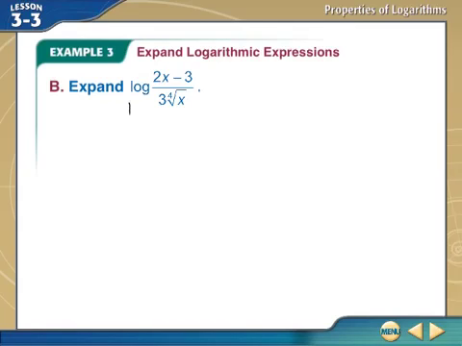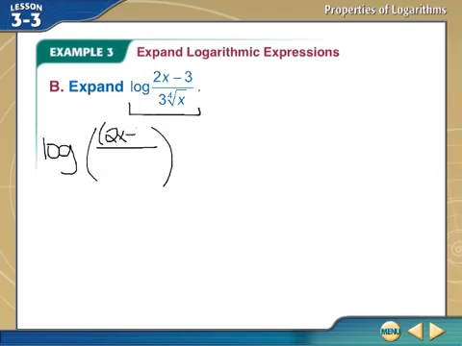Before I apply the properties of logarithms to expand this, it would help to understand how this input plays out. 2x minus 3 is its own expression, its own term per se. And we have 3 times the fourth root of x. So here we have a couple different things going on.